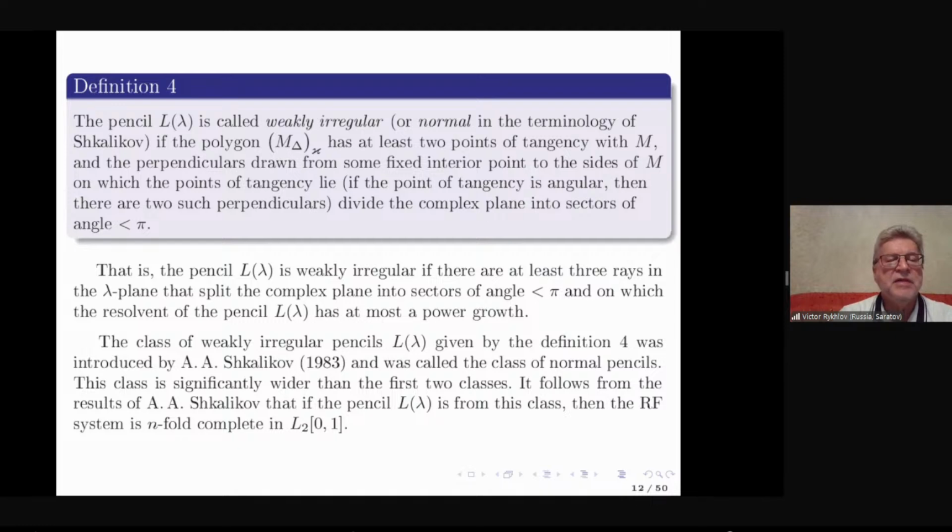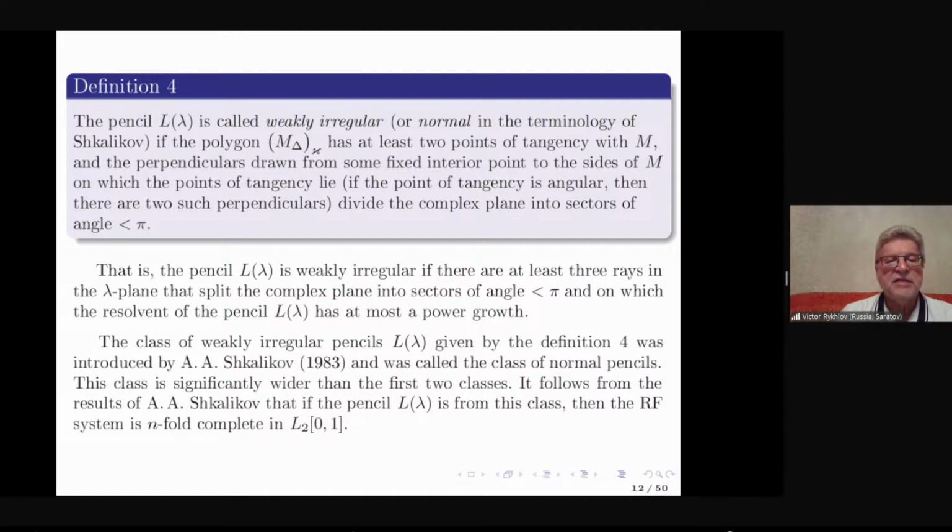Definition 4. The pencil L of lambda is called weakly irregular, or normal in the terminology of Shkalikov, if a polygon M delta kappa has at least 2 points of tangency with M, and the perpendiculars drawn from some fixed interior point to the sides of M on which the points of tangency lie, if the point of tangency is angular, then there are 2 such perpendiculars, divide the complex plane into sectors of angle less than pi.